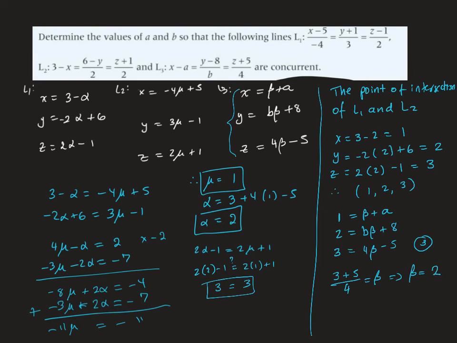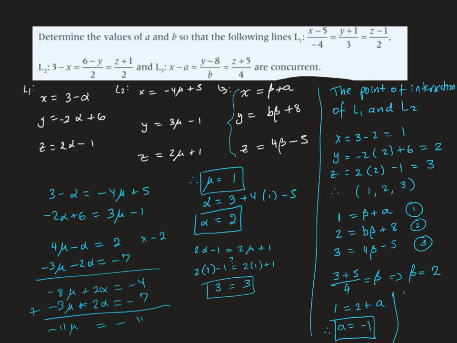And now we can also find, from 1, the value of a there. 1 should be 2 plus a. That means a is minus 1. And also, we can use equation 2 to calculate b.